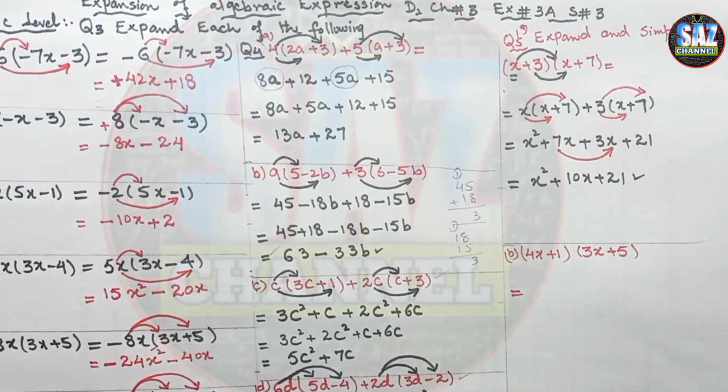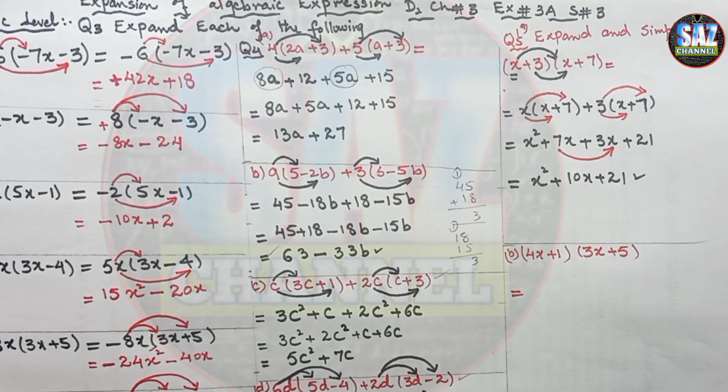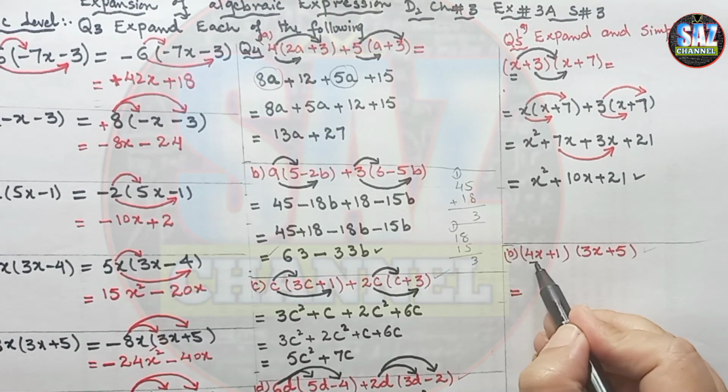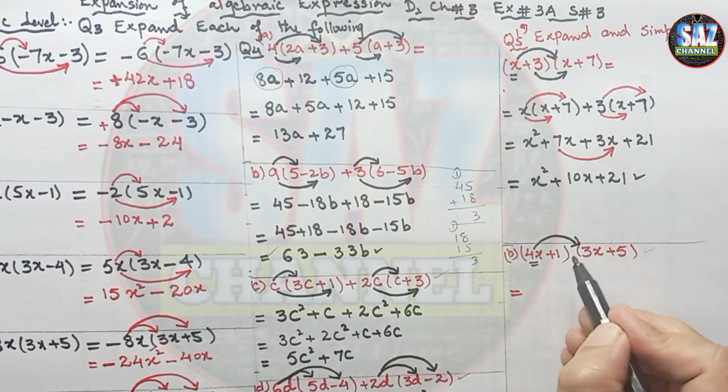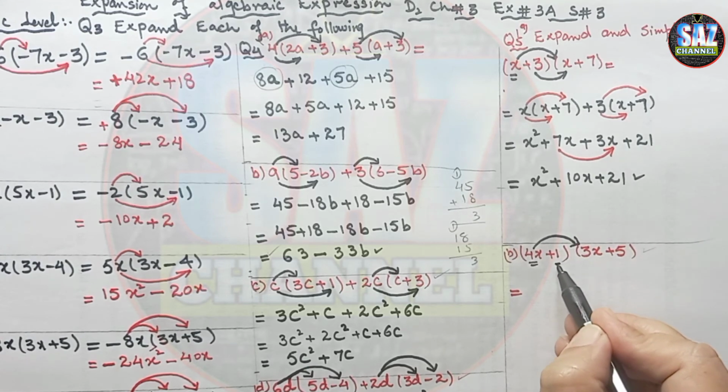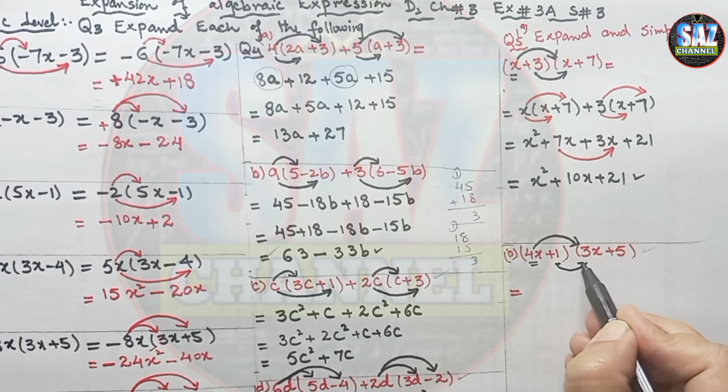Okay, moving to the next question, the next part is 4x plus 1 multiplied by 3x plus 5. Again, apply distributive property carefully: first take the first term of the first bracket and multiply it with the second whole bracket, and repeat the process for the second term of the first bracket.